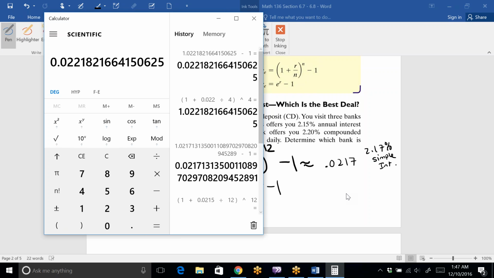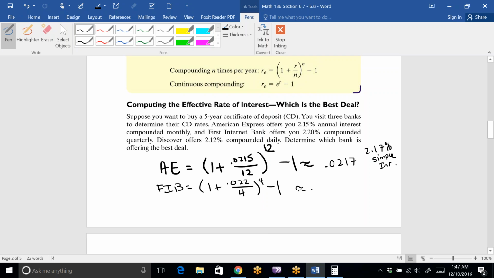So that's 0.0222, which is about 2.22%. And then lastly, we have the Discover.